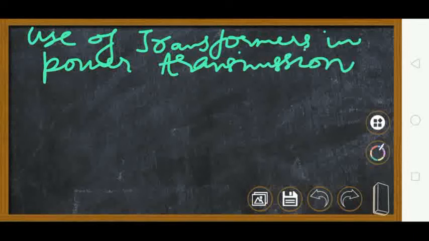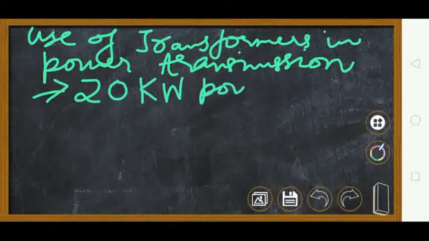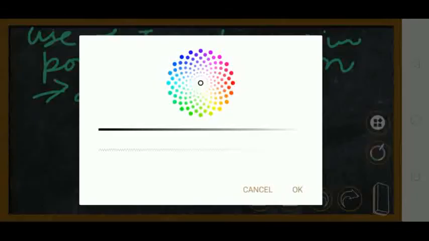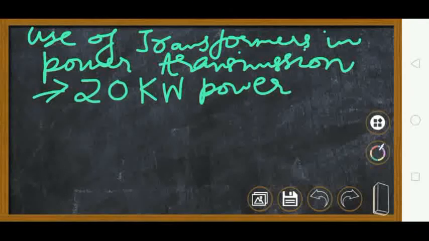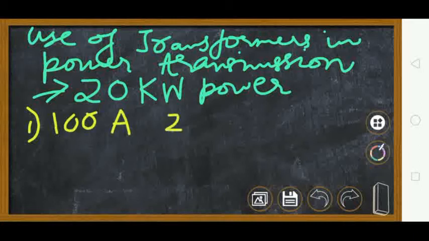Now, suppose you want to transmit 20 kW of power, kilowatt of power. हमको भेजना है एक जगह से दूसरी जगह पे. Now what are the different ways of doing this? Let us see. First, you can transmit 100 amperes current at 200 volt.